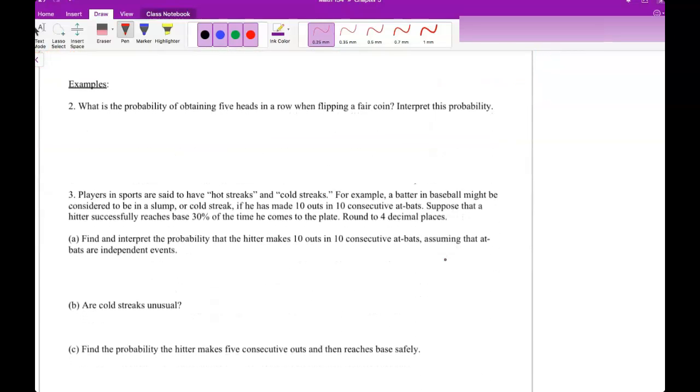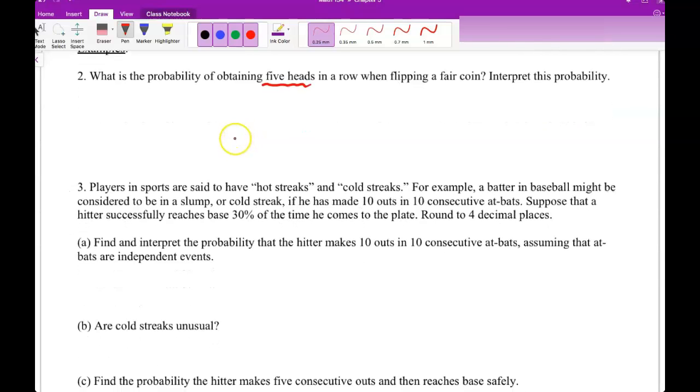Example, what is probability of obtaining 5 heads? So here we have 5 heads in a row. Exactly same as what I did on the previous part, probability of head, and now I have 5 heads.